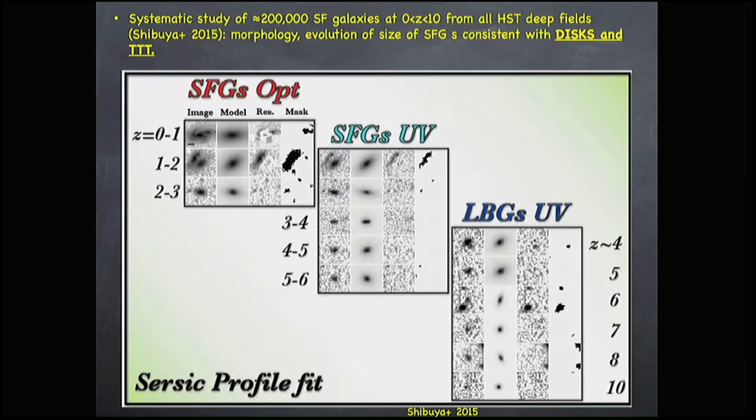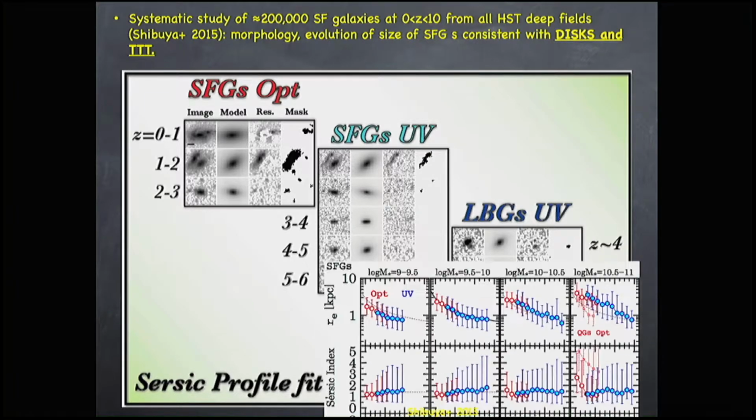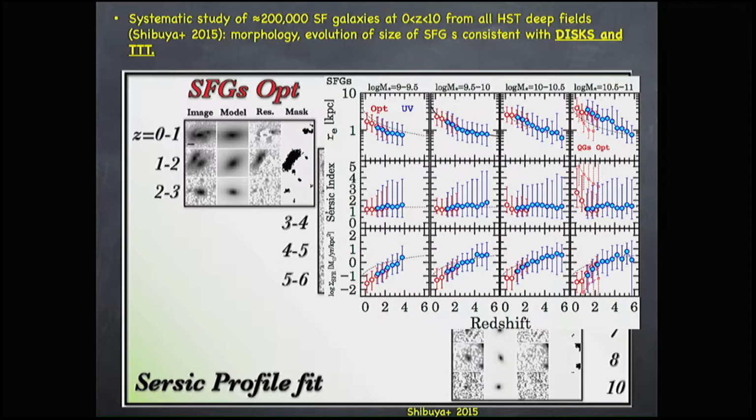The conclusion of this paper is, it's a long paper, but let me try to summarize it. If you use the Sérsic index and the Sérsic function, plotted here is the evolution as a function of redshift of the effective radius, the Sérsic index, and the specific surface star formation rate.